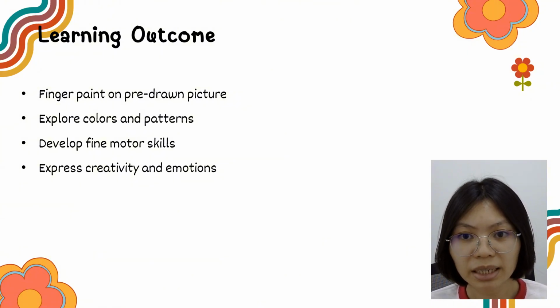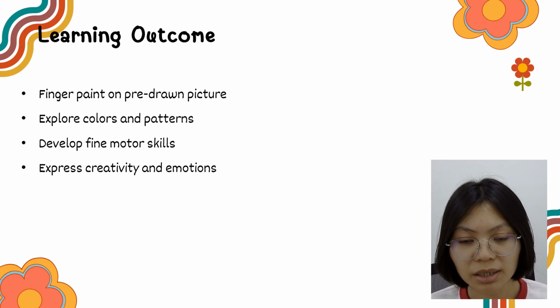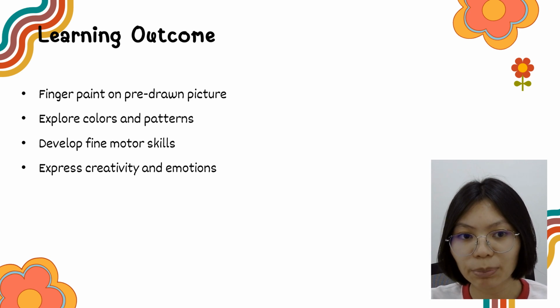This activity encourages self-expression, creativity, and aesthetic appreciation, allowing children to express their emotions, ideas, and imagination through the use of colors. By observing how colors appear and interact on paper, children deepen their understanding of color as an element of art and gain confidence in their artistic abilities.